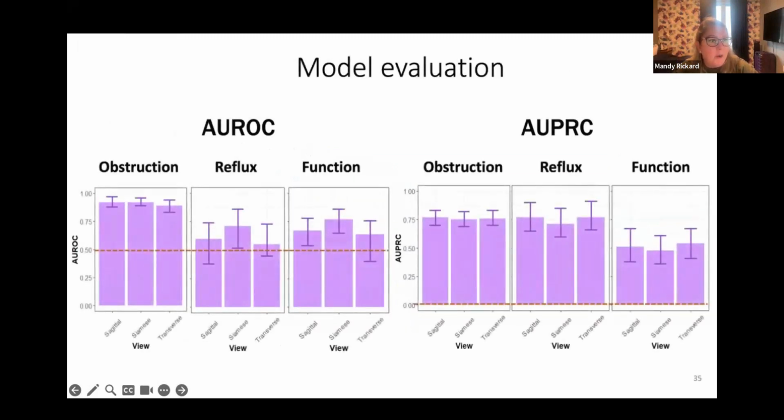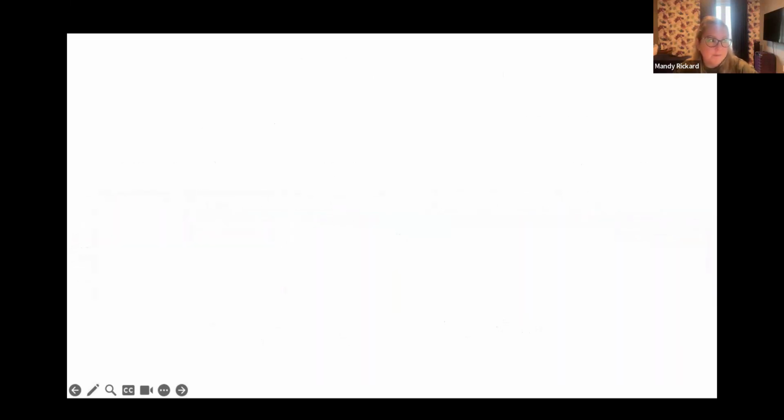So in determining how well our model performed, we compared it to other well-known forms of convolutional neural networks, and we also compared single views versus combined views, and we noted that the Siamese views perform better. And our obstruction model, which is the first model we developed, has a promising accuracy of 0.93.